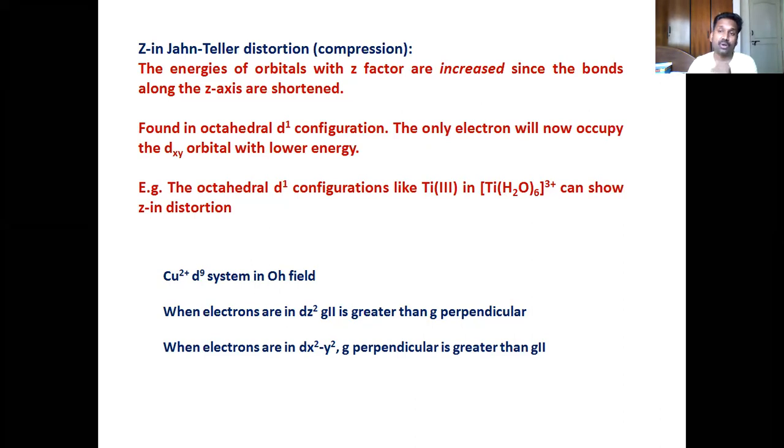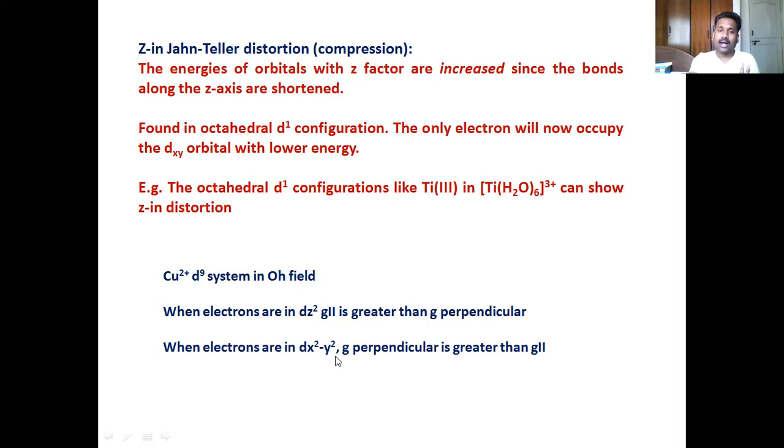But because of JT distortions, the dz square orbital experiences higher interaction with the electric field of the ligands. Therefore, G parallel becomes greater than G perpendicular when the electrons are in dz square. And when the electrons are in dx square minus y square, G perpendicular becomes greater than G parallel.